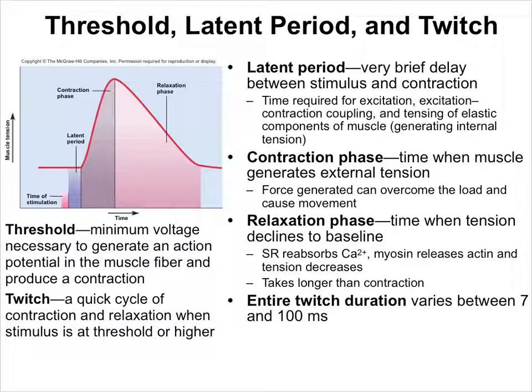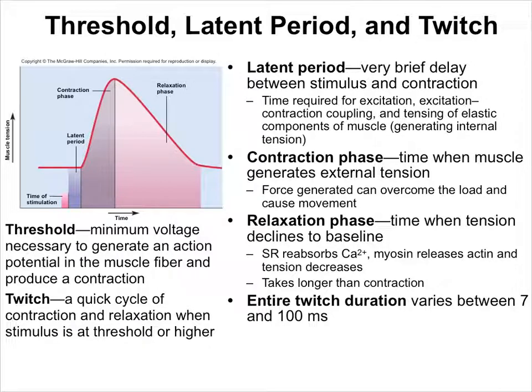Now, all that stuff takes time. It doesn't happen instantly, and this isn't like a computer where everything is happening at the speed of light. This is happening at the speed of chemicals diffusing, which is fast over short distances, which is what we're talking about, but it's not instant. So you have this short latent period in between when the muscle is activated and when it starts to contract.